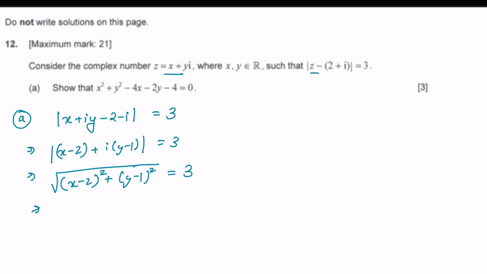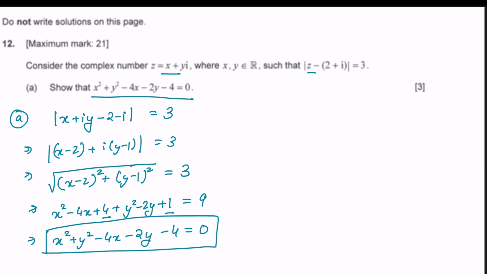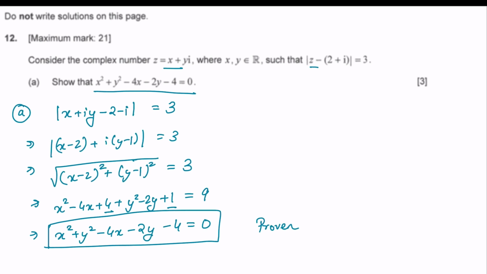Then if I square both sides and open the brackets, I'll get x squared minus 4x plus 4, y squared minus 2y plus 1 equals 3 squared, which gives me 9. If I just rearrange everything, x squared plus y squared minus 4x minus 2y. The constant on the left side is 5, right side is 9. So when you shift 9 to the other side, it becomes minus 9. So 5 minus 9 gives you minus 4, which is exactly equal to this equation. Done.